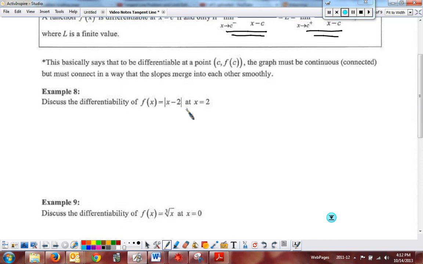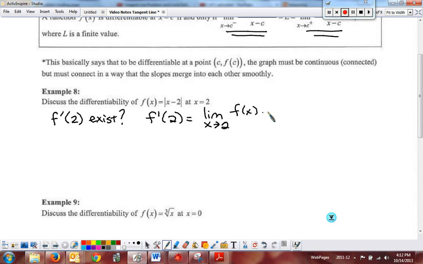Here's our first example. I want to take a look at the differentiability of f of x equal to the absolute value of x minus 2 at x equal to 2. So I start with my alternate form of the definition. I'm basically trying to determine, does f prime of 2 exist or not? Okay, so let's start calculating. The derivative at 2 is the limit as x approaches 2 of f of x minus f of 2 over x minus 2 using that alternate form.